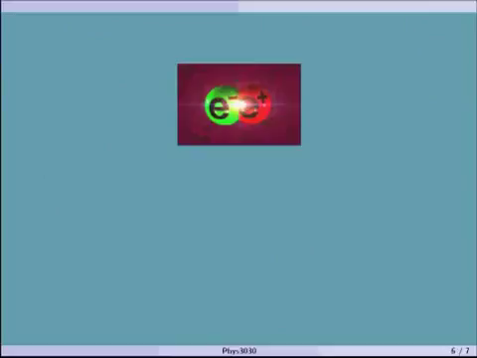So let's go to the next slide, and I sort of want to start with this picture here. This picture is a picture of a particle antiparticle interaction.